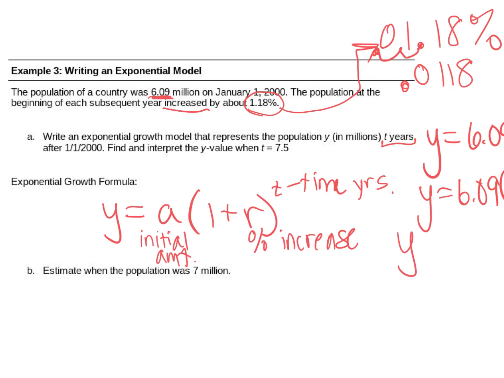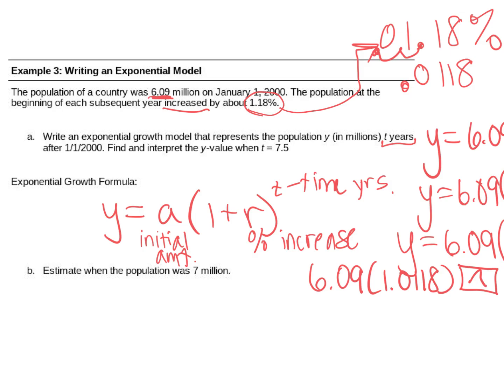So we're going to plug it on in. And we're going to make that T 7.5. Okay, so we're just replacing the T with 7.5. And when I do that and plug it into my calculator using parentheses and using that little caret button, I would have to type it in just like this with parentheses, and then I would hit that caret button to the 7.5.